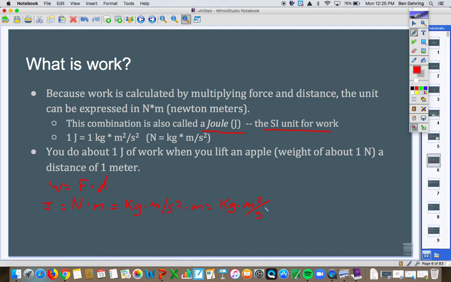All those are units for the same thing. You will do about 1 joule of work when you lift an apple a distance of 1 meter. So roughly from your knees to your head is 1 joule of work.